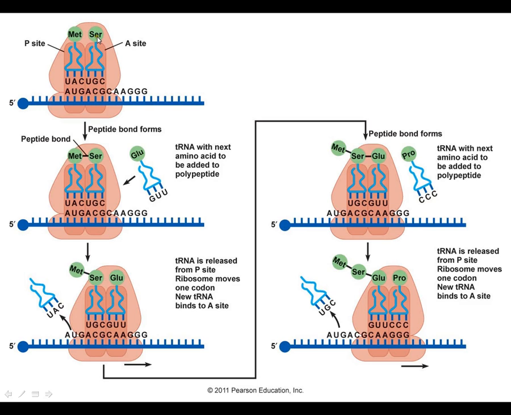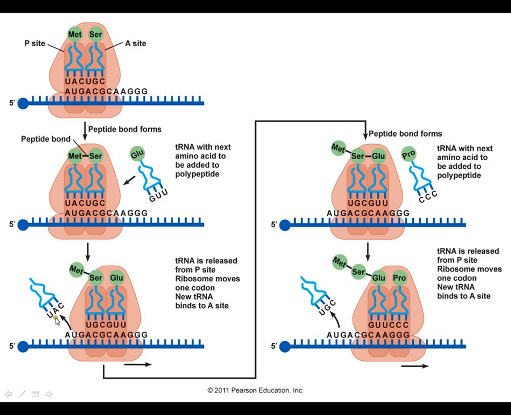Now, the transfer RNA brings these molecules to the ribosome. If they match G with C, U with A, and U with A, this transfer molecule will attach, the ribosome will move over to encompass it, and it will create a peptide bond between the amino acids.